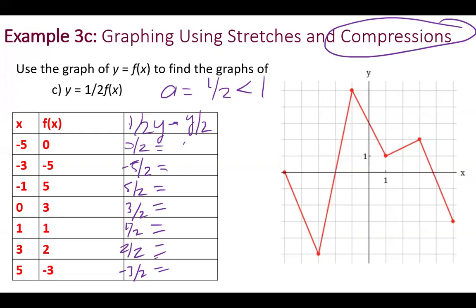In terms of decimals, we have 0, -2.5, 2.5, 1.5, 0.5, 1, and -1.5. Did we do anything to our x's? These are going to remain the same.